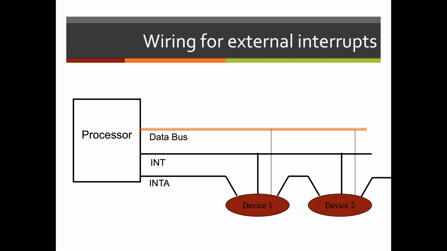And so here we have an appropriate processor with our data bus active. And then we have our int being represented. And then we have an int A line, which can be used within the macro state for our interrupt.